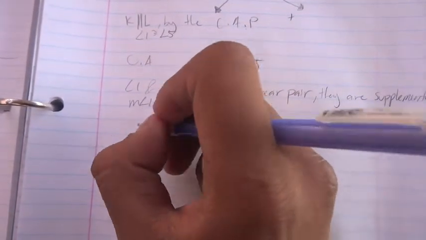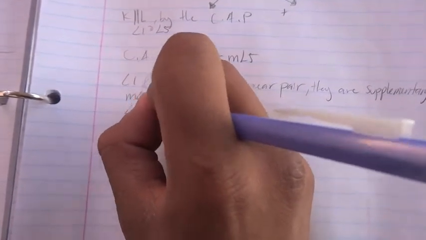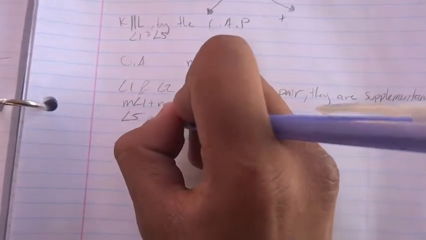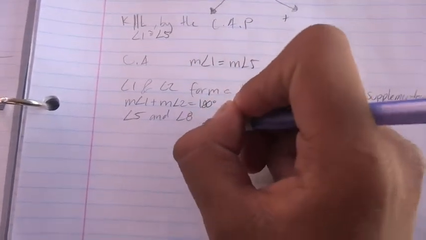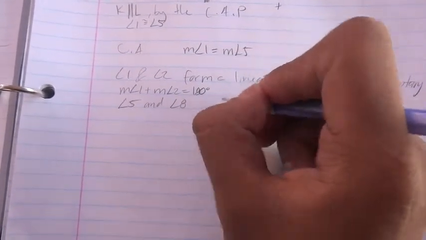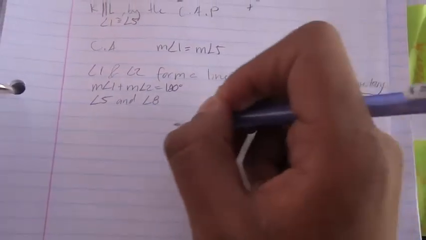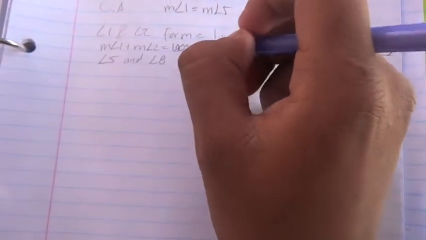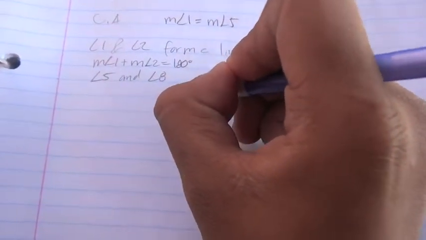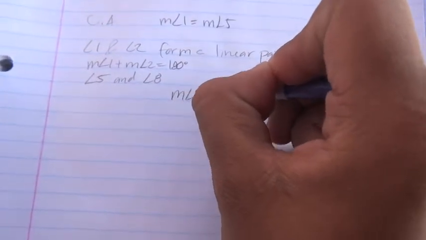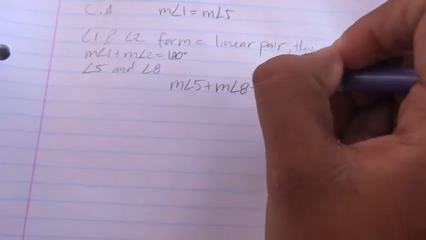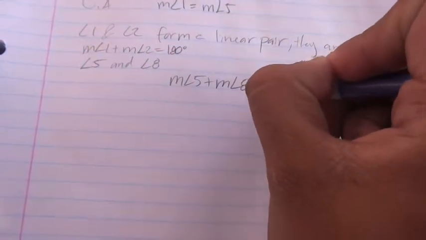And also angle 5 and angle 8 are supplementary. So it will be m angle 5 plus m angle 8 equaling 180.